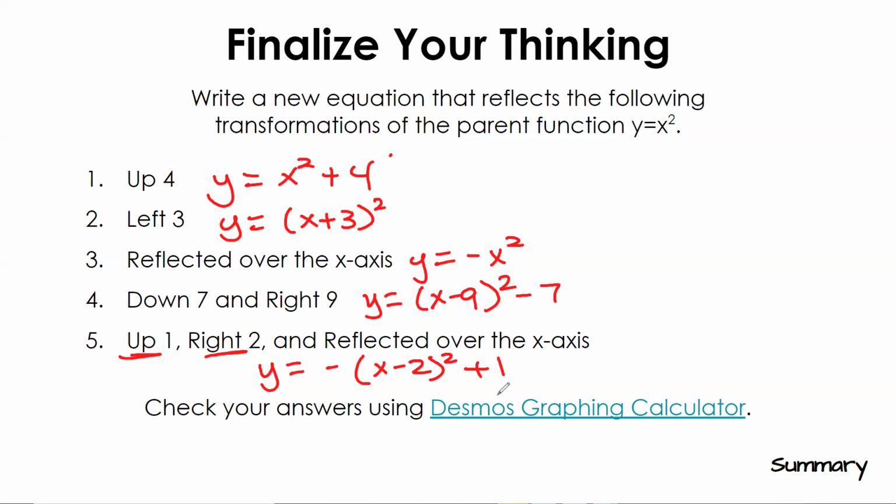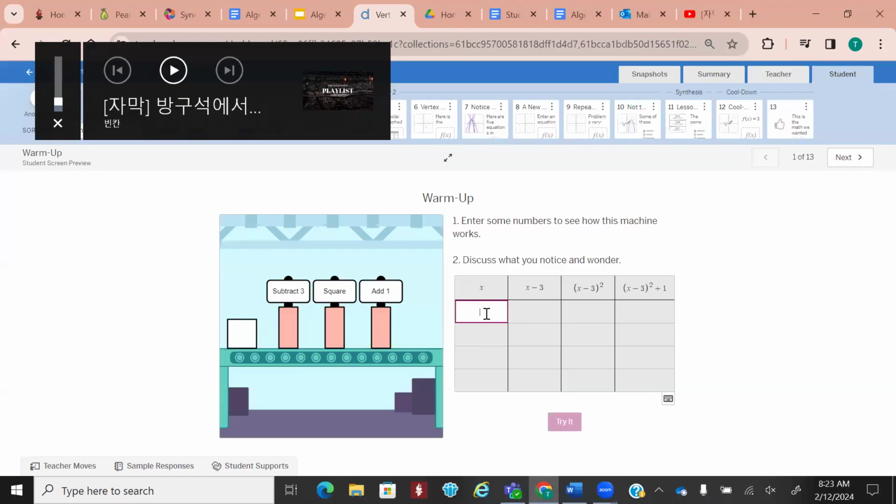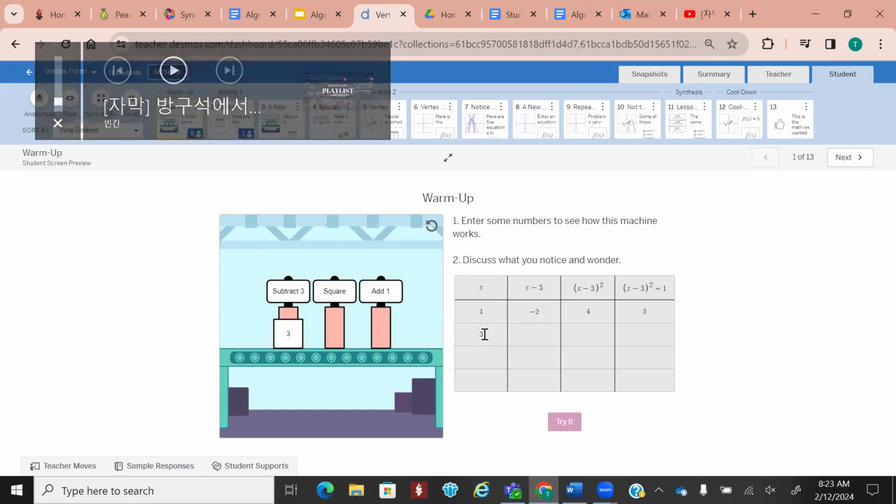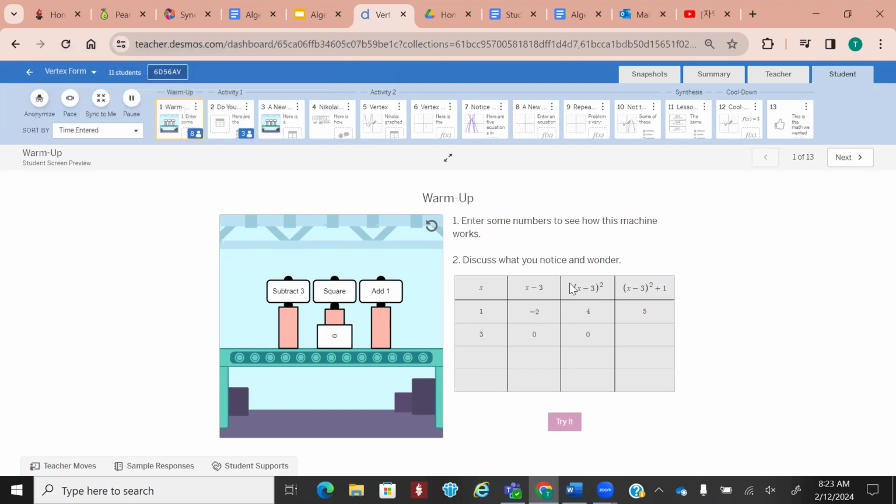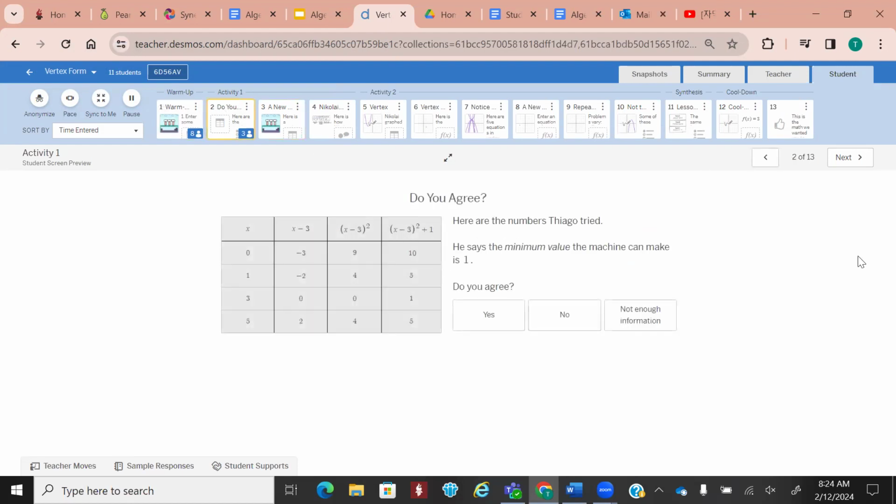The machine works. So if we just plug in some random numbers, we can see that it's subtracting 3 and then squaring it and then adding 1, right? Fantastic.